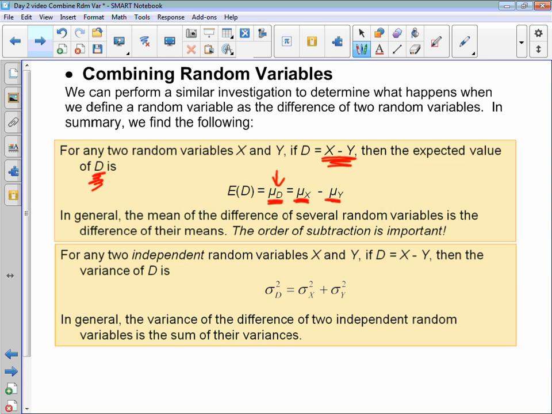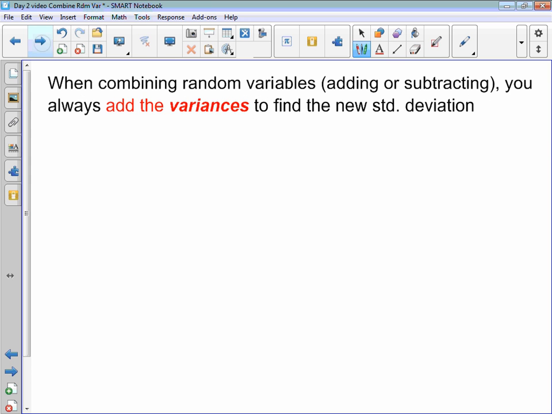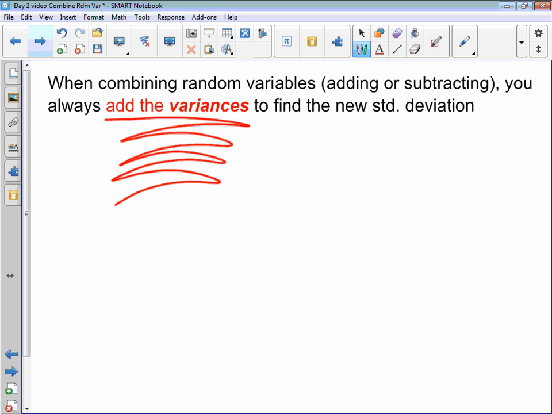But here's where it gets a little odd: even if you're subtracting two variables, you still add the variances. For a lot of people, that doesn't make sense. So even when we're combining two random variables, you always add the variances, whether you're adding or subtracting in the combination.